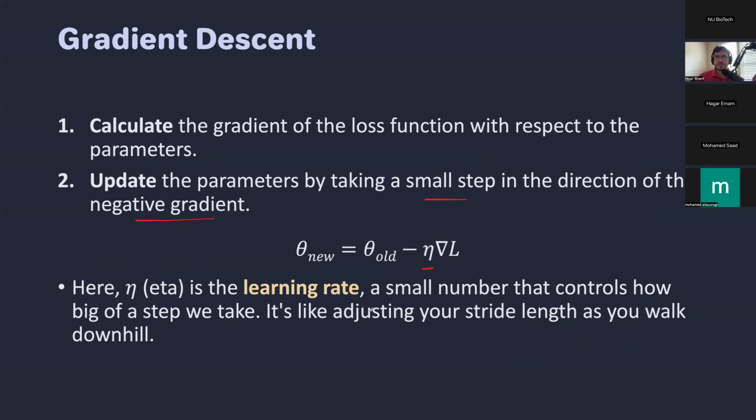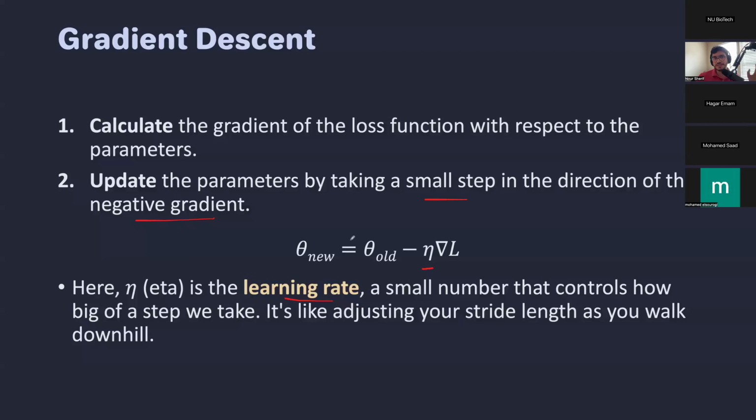And this is not a very stable solution when you're training the network. So we add this learning rate in order to scale the magnitude of this vector in a way that allows us to control the step size, like how big of a step I want to take on the error landscape between where I start from to where I end up.